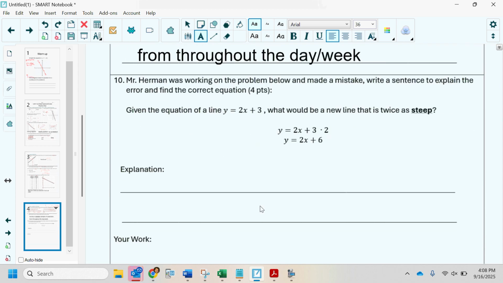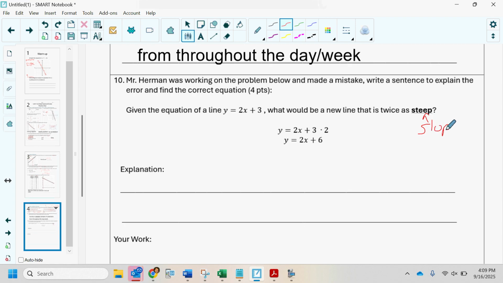All right, our last review question. Mr. Herman was working on the problem below and made a mistake. Write a sentence explaining his error and then find the correct solution. So we look here, given the equation y equals 2x plus 3, what would be a new line that is twice as steep? So the key word here is steep. So if you look at your notes, steep represents slope. So we want to change the slope, and then twice means we're multiplying by 2.